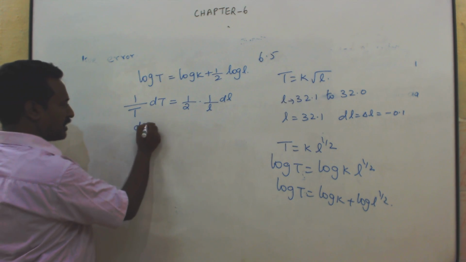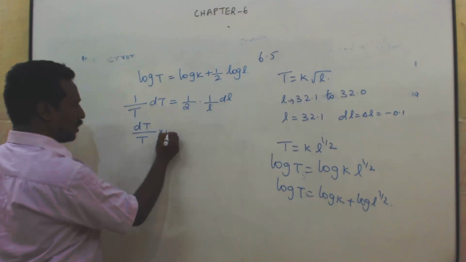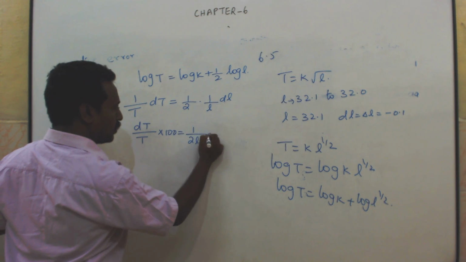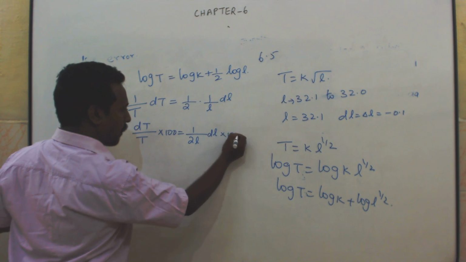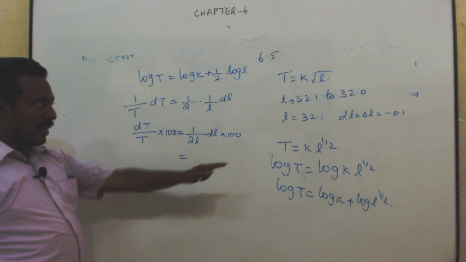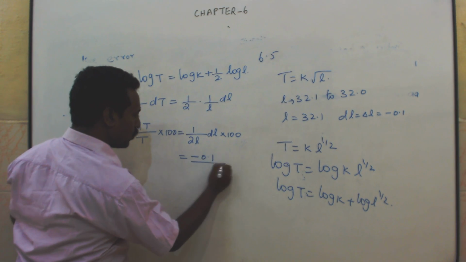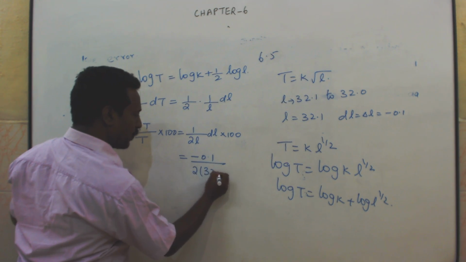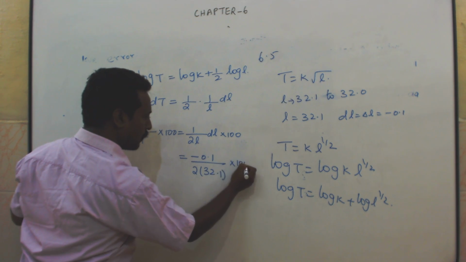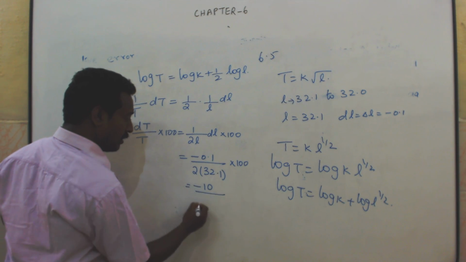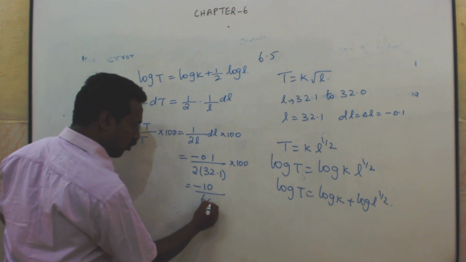We have to find out percentage error, that is dt by T into 100, that is 1 by 2L into dl into 100. We know the dl value: what is dl? Minus 0.1. 2L is 2 into 32.1, into 100, that equals minus 10 divided by 64.2.